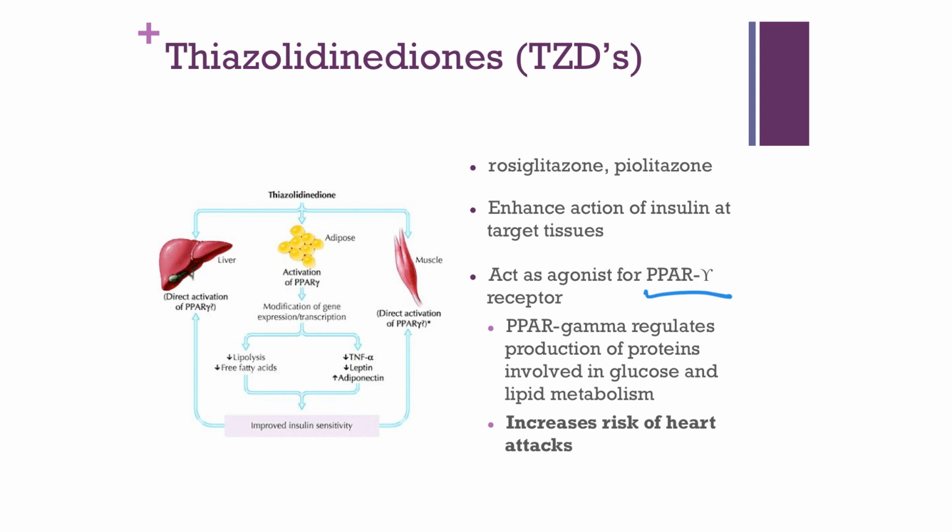So it just encourages cells to take in the glucose, take in that annoying neighbor that they would normally turn away. A side effect that is in bold because it's important is that it does increase the risk of MI. So it is important to take into account people's cardiovascular history, their family history, and to check in with them regularly about their health.